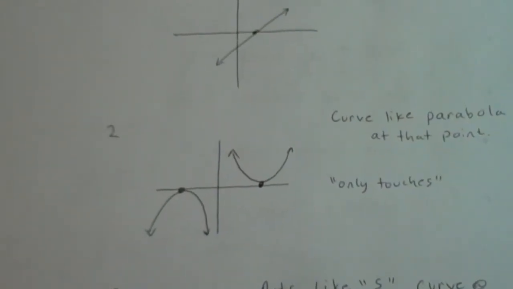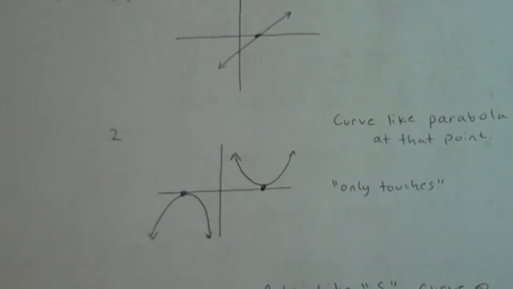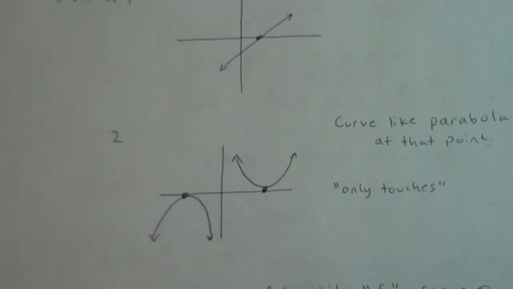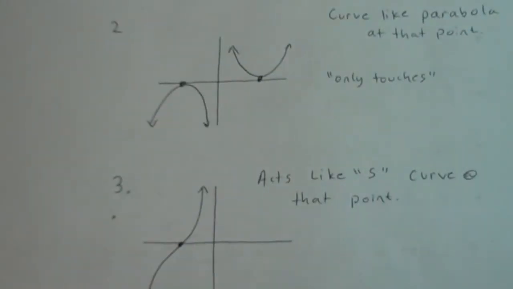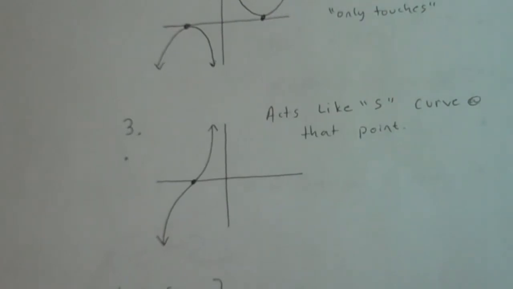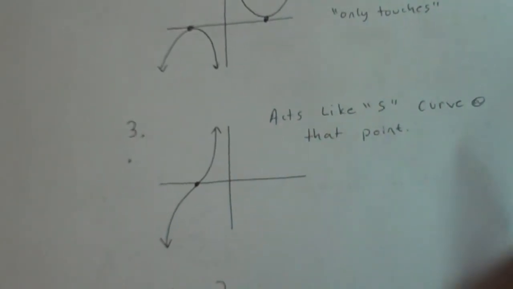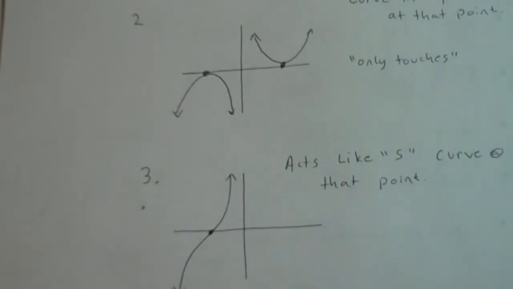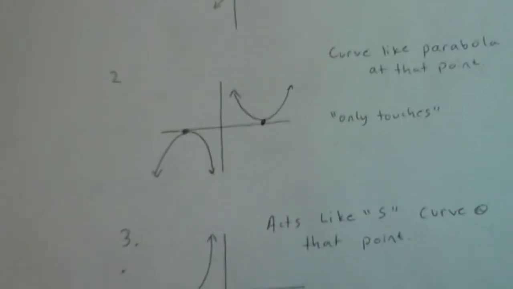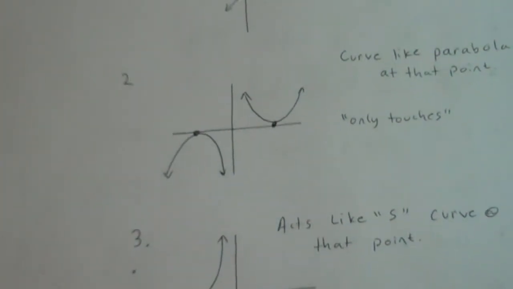It's not going to go through it. It's not going to stay on the x-axis and continue there. It's going to just touch it. A third degree multiplicity is going to be like an S, almost like a third degree polynomial. And for higher multiplicities like 4, 6, 8, or 5, 7, 9, they are basically the same as what you see here, except just broader.